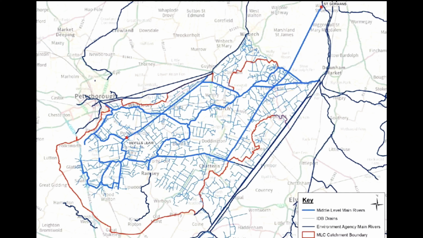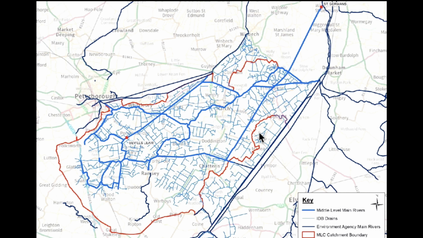So all of that work that was carried out has left us with an extremely complex system of rivers, drains, pumps, sluices, and locks. And the map here focuses particularly on the middle level. We have the River Nene along the northern edge and the Whittlesea Washes. To the east, we have the Old and New Bedford rivers and the Ouse Washes sitting between them.